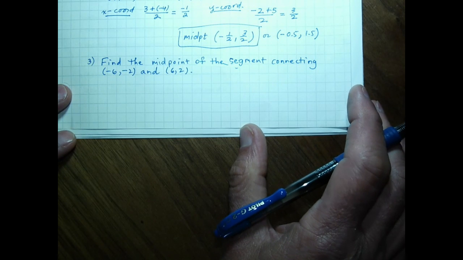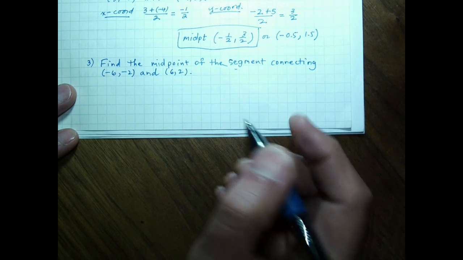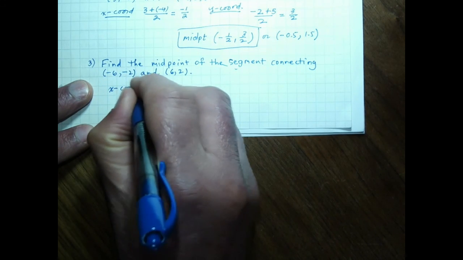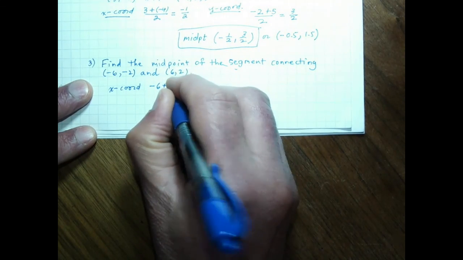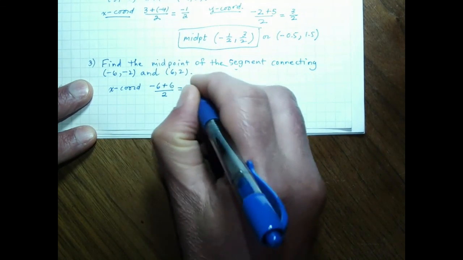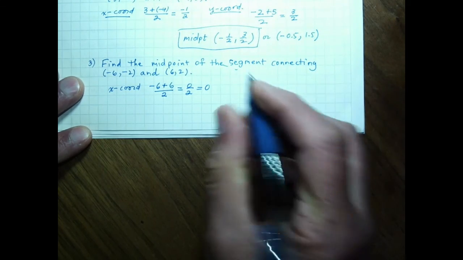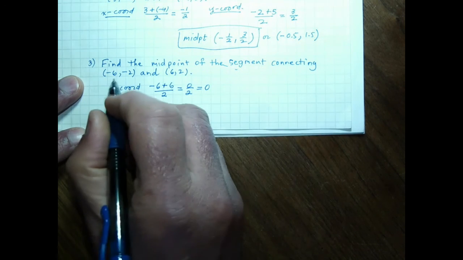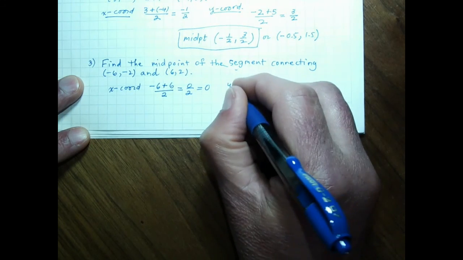Find the midpoint of the segment connecting (-6, -2) and (6, 2). So for the x-coordinate, we're going to take -6 plus 6 divided by 2. I get 0 over 2, or 0. You're not used to thinking of 0 as the average of two numbers, but 0 is the average of -6 and +6.